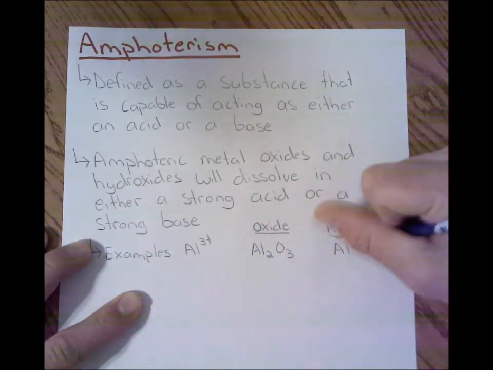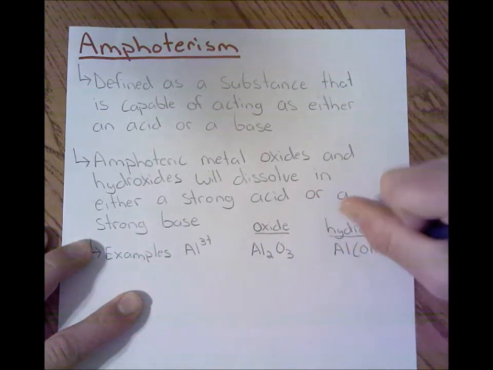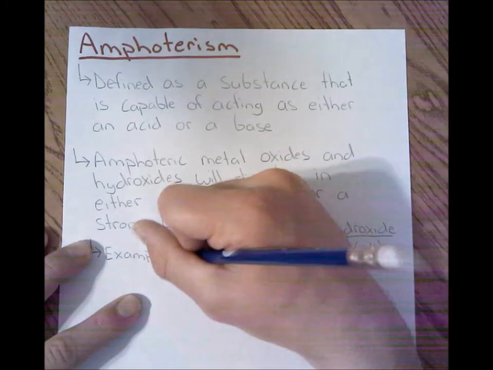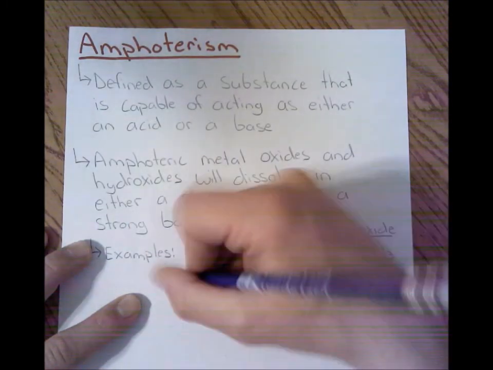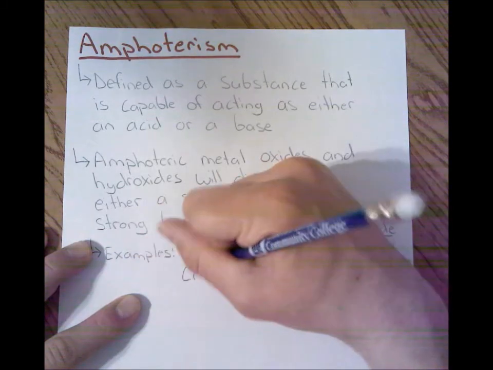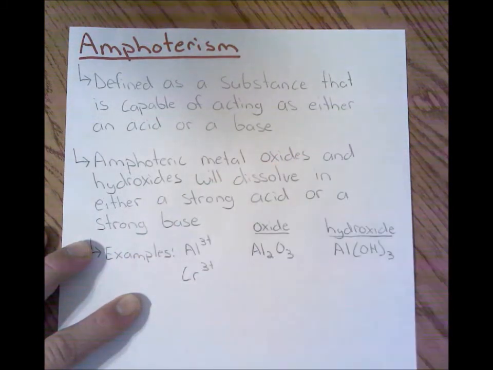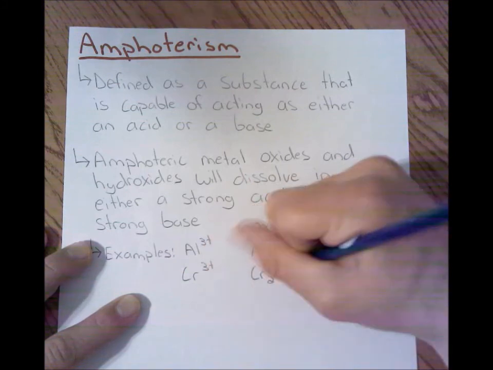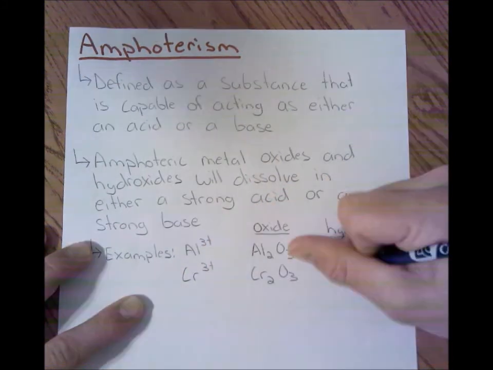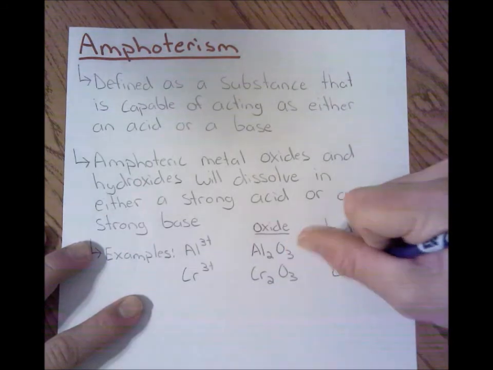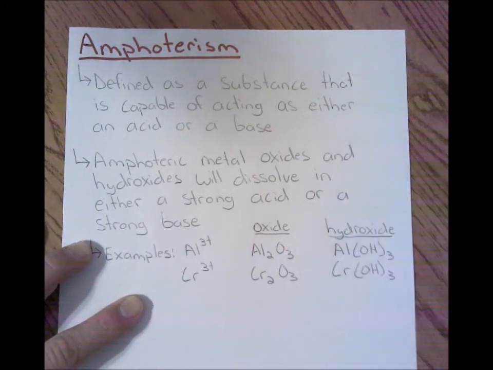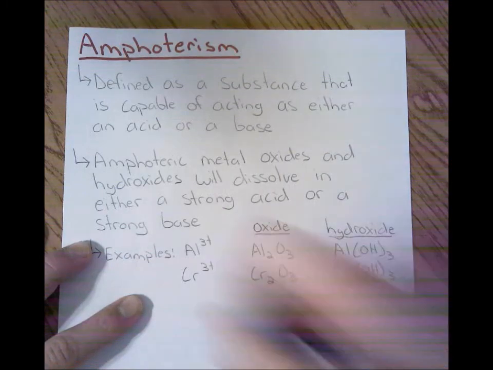And another example that I have here is going to be our chromium 3+. Now, when it forms an oxide, we have Cr2O3. When it forms a hydroxide, we get Cr(OH)3. We also have a substance like zinc, Zn2+. So when it forms an oxide, we get ZnO. And when it forms a hydroxide, we get Zn(OH)2.